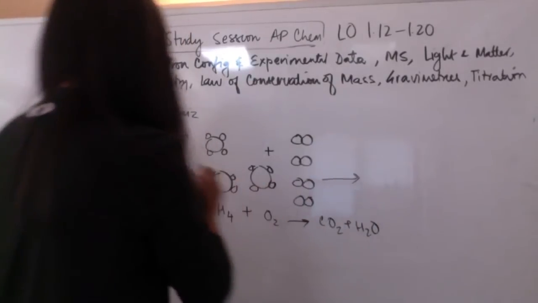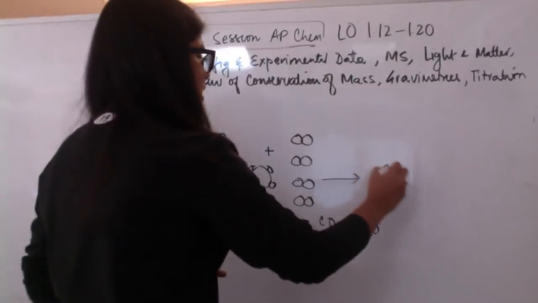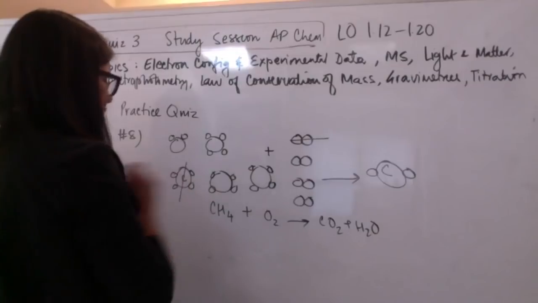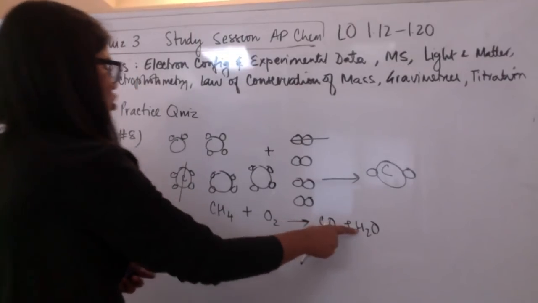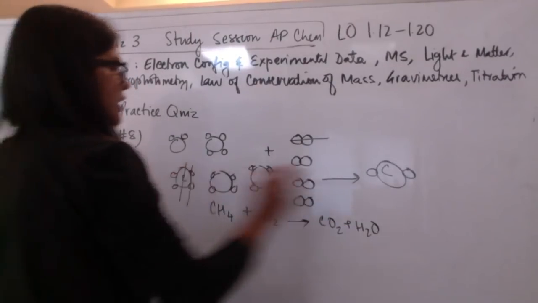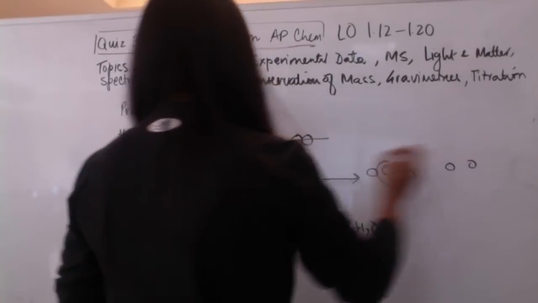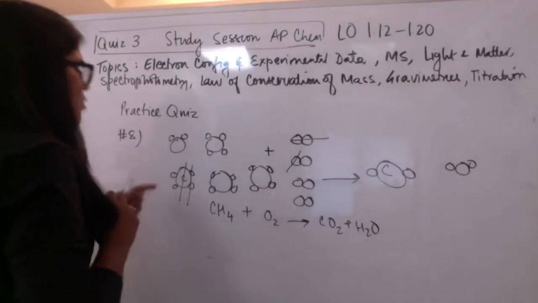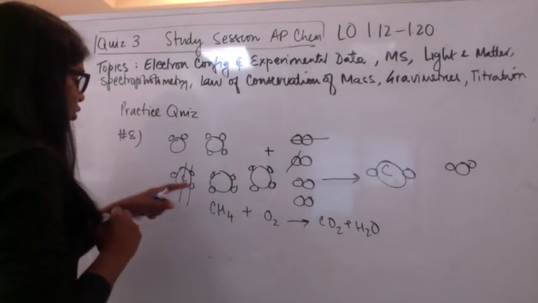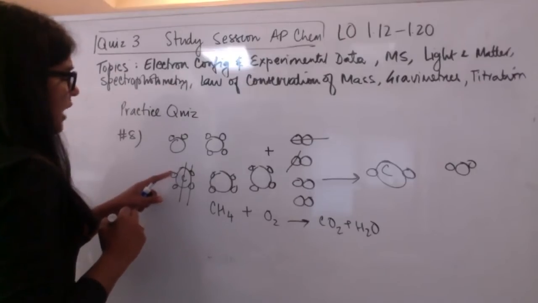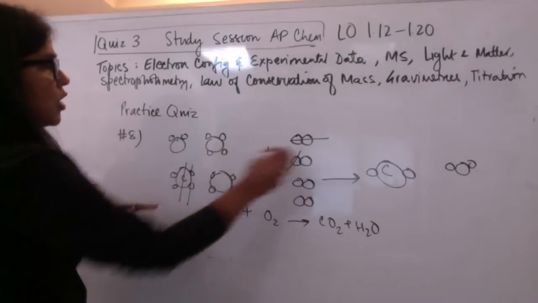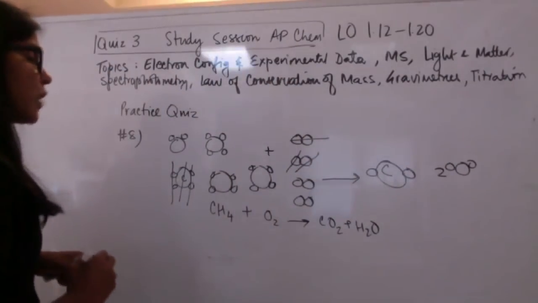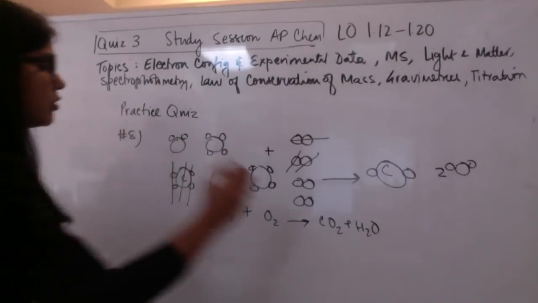So this is C, so one O2 is gone, one C is gone, okay? And H2O. So two of these H's are gone and one of these O is gone, right? Now, how many can you make? When you do this, you realize that you have one more H2O that you can make. You can make 2 water molecules, 1 CO2, right?